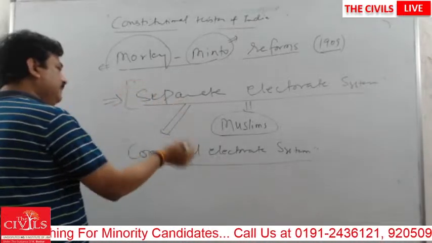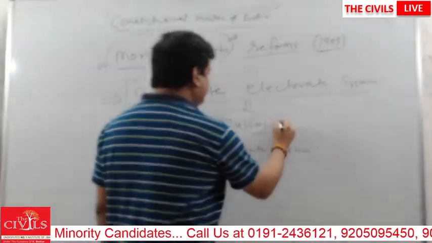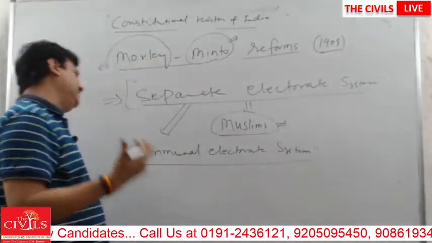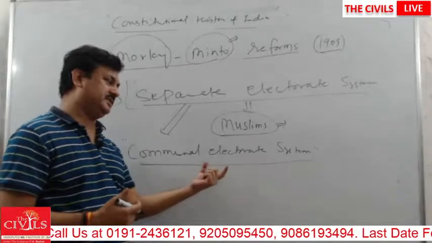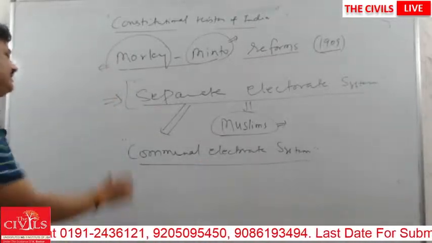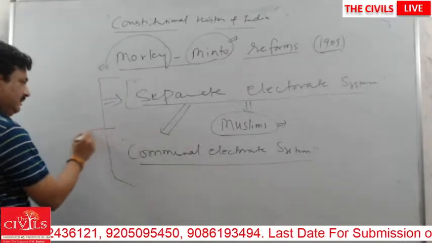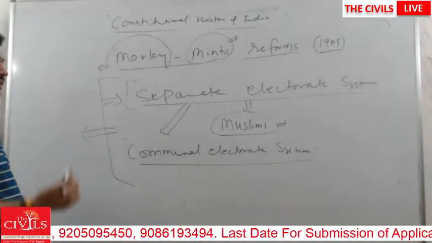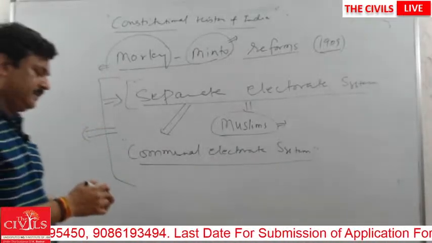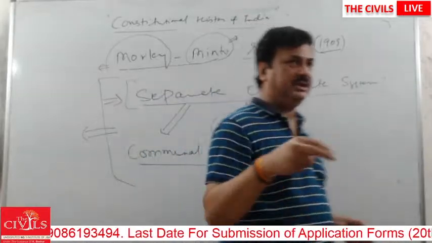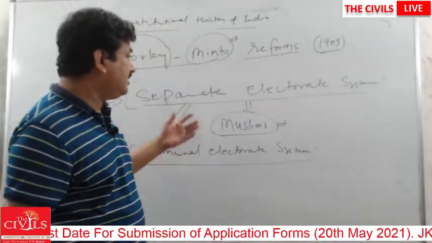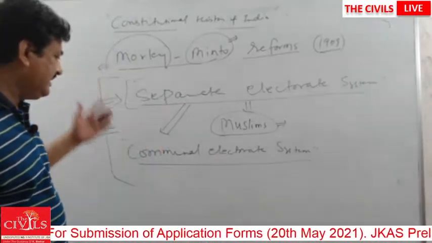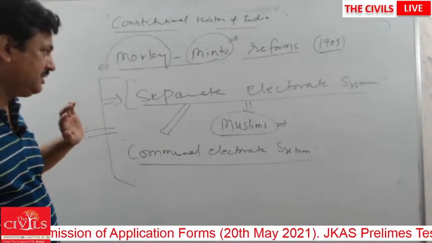This was the most important because according to some historians, this was the beginning of the two-nation theory. So the separate electoral system or separate franchise, or we can say the communal electoral system, was introduced.